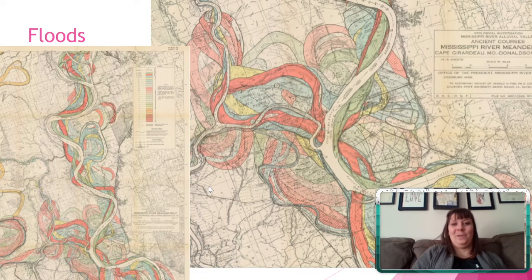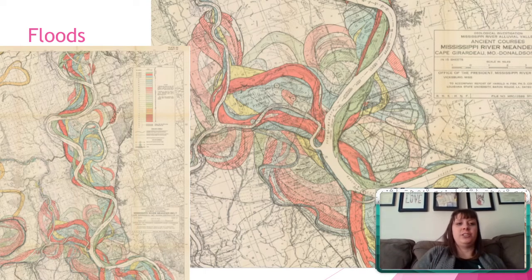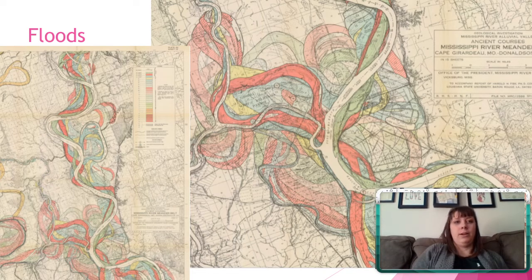Something I'd hang up on my wall, seeing where the river has changed. And floods can help to change the course of the river, which can also be a problem because a lot of countries' boundaries use larger rivers, and so that can change with the river, and it can cause a lot of political issues.